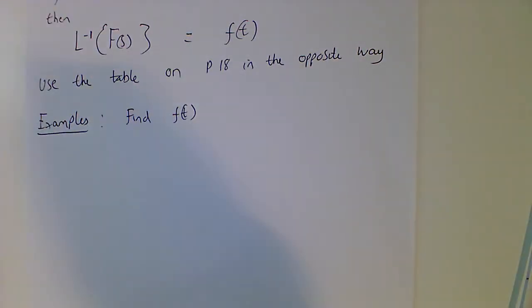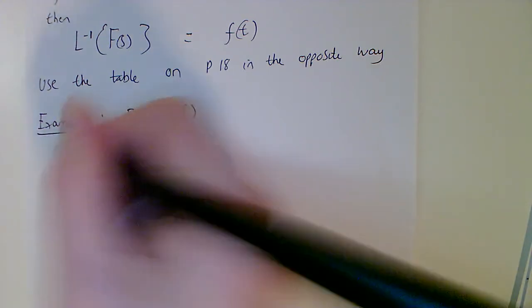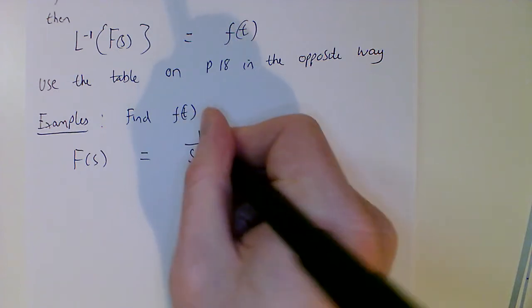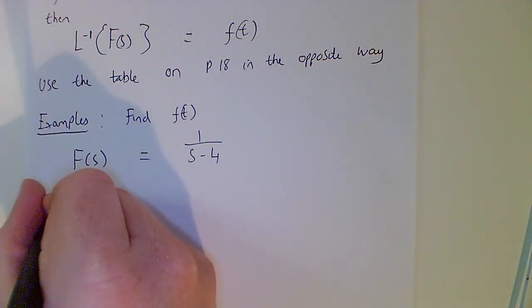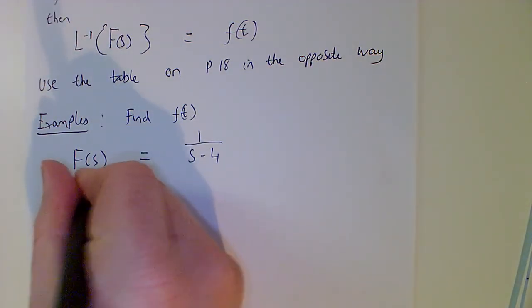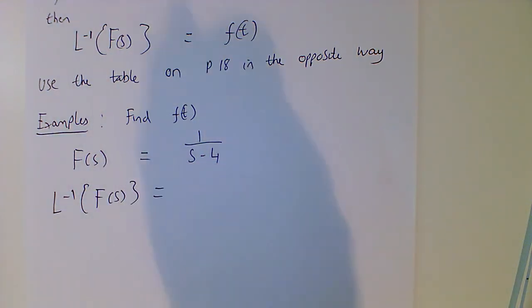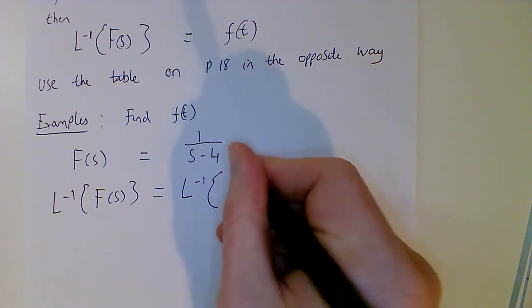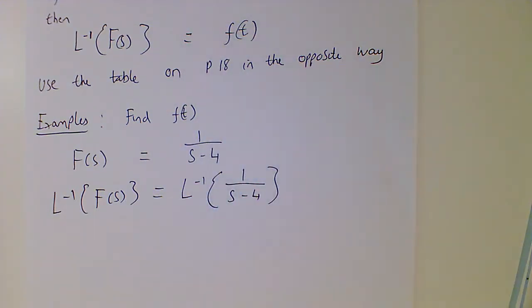Right, so F of s equals 1 over s take away 4. So I need to find the inverse Laplace transform of 1 over s take away 4.